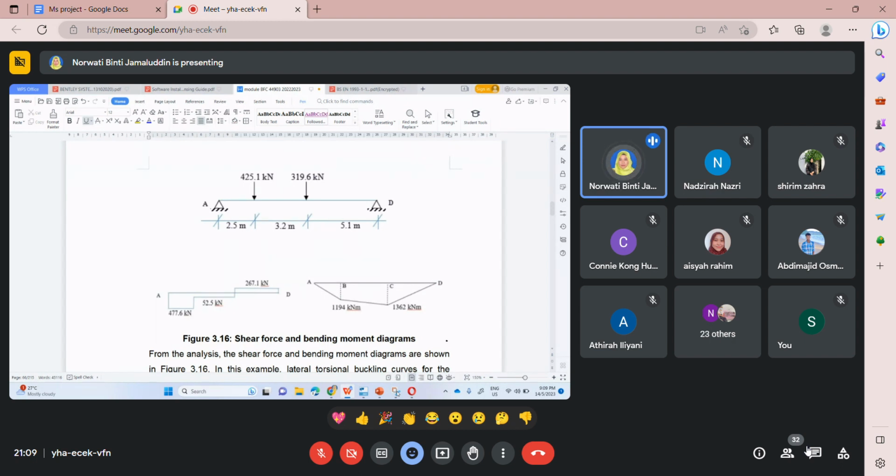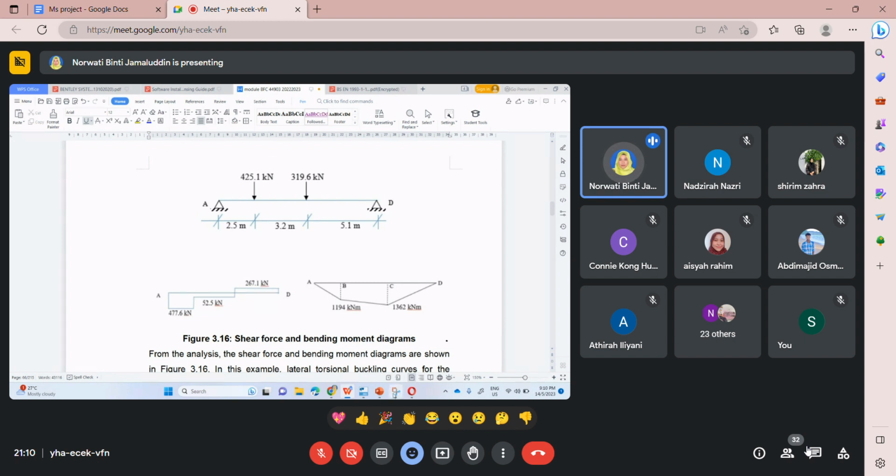Which span is much more critical in terms of MBRD? What is MBRD? MBRD is buckling. What can you understand about buckling? The longer span will be prone to buckle.